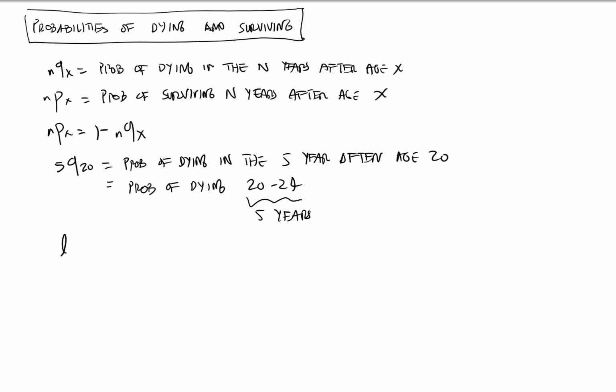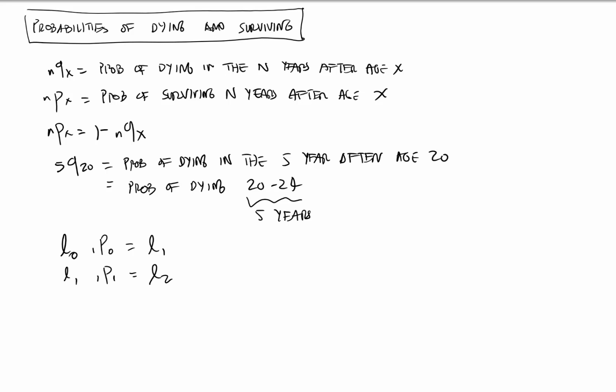something like L0, which is our radix, then if we have L0, we could get 1P0. That's the probability of surviving in that next 1 year period. That would equal L1, the survivorship at age 1. L1 times 1P1 should be equal to L2, the survivorship up to age 2.